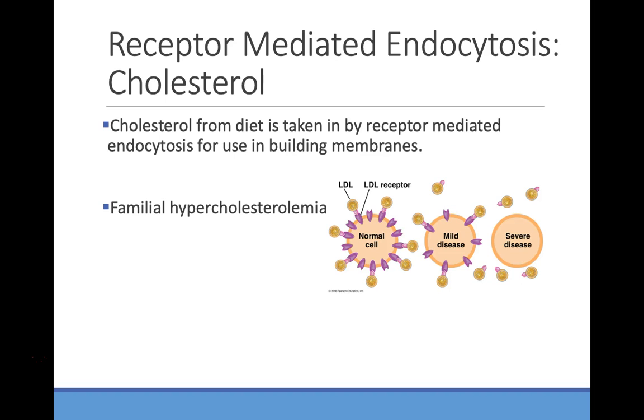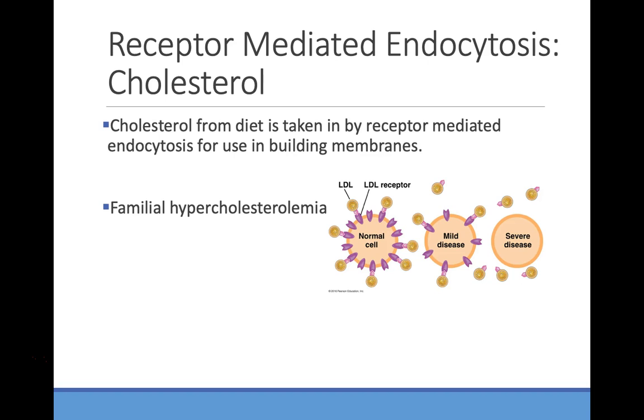In some individuals, this high cholesterol that they get is actually a genetic disorder called familial hypercholesterolemia. Say that 10 times fast. In this disease, the cell doesn't have the receptors or doesn't have enough receptors to bring in the cholesterol that it needs. So you can see the normal cell there.